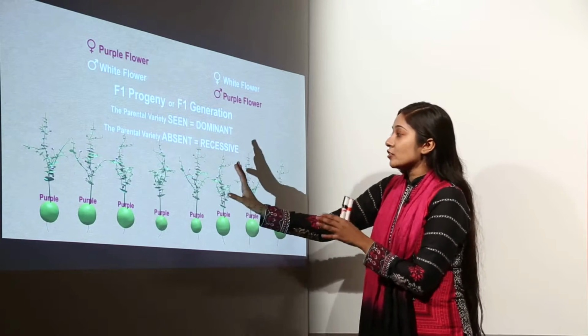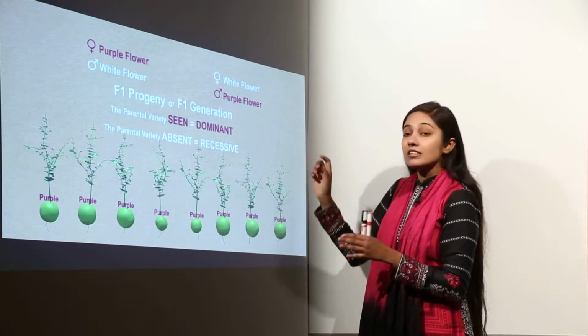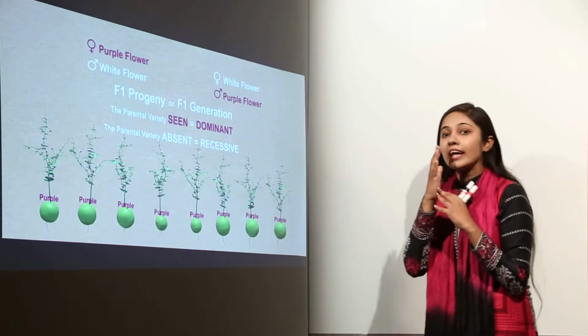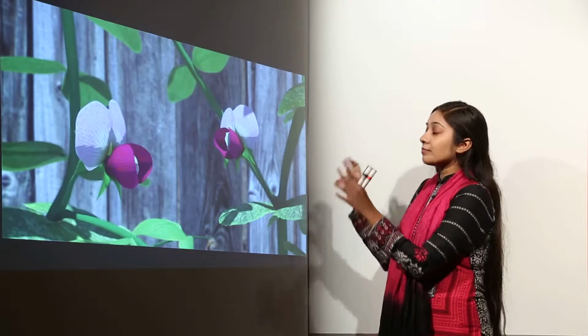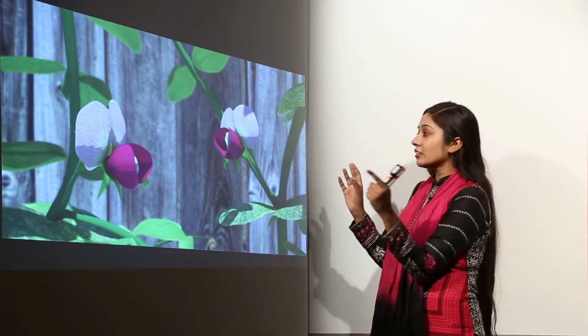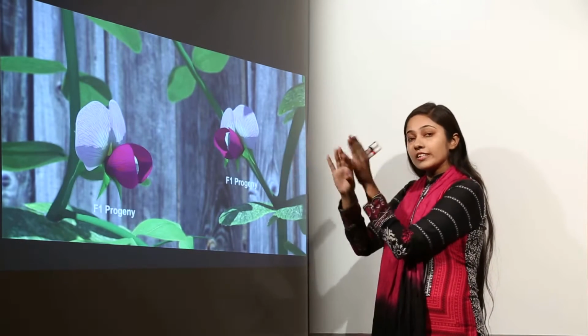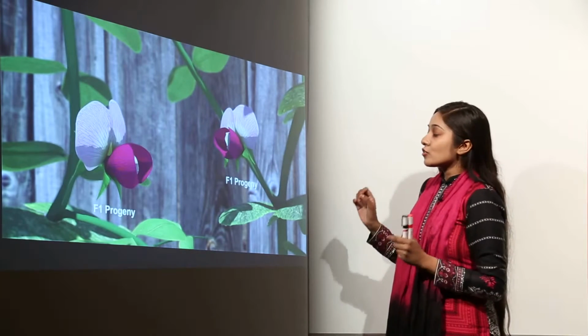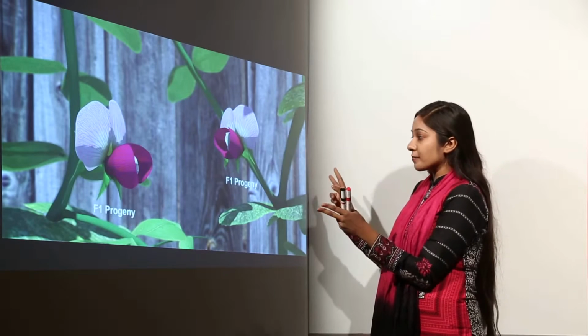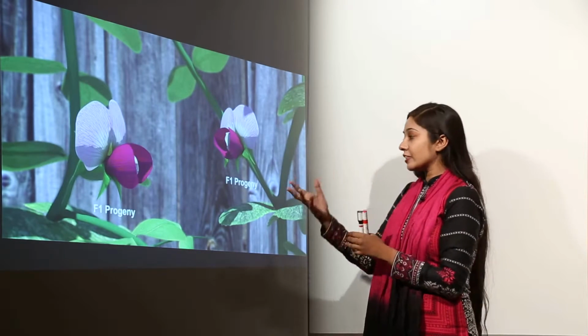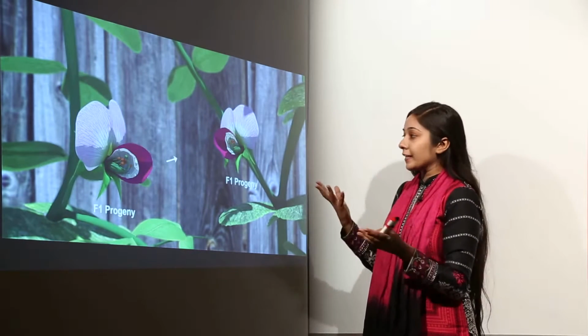If it is not white, means white color is the recessive trait, because you don't see any white flower here. Then what he did was the purple flowers which he made in the first generation, he did selfing of those plants. So now what happens when he crosses these plants, he'll get the first filial generation and what it would be like.